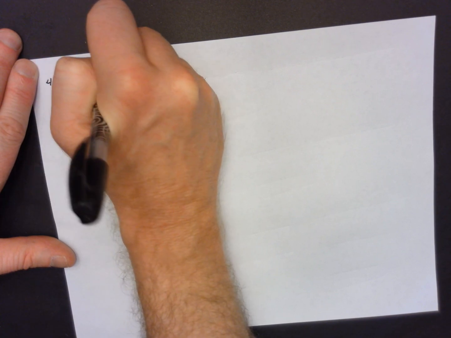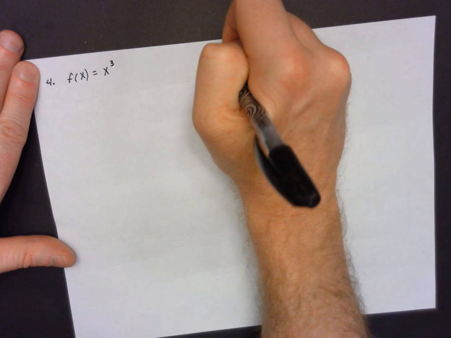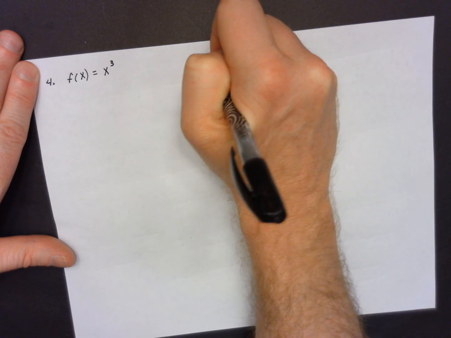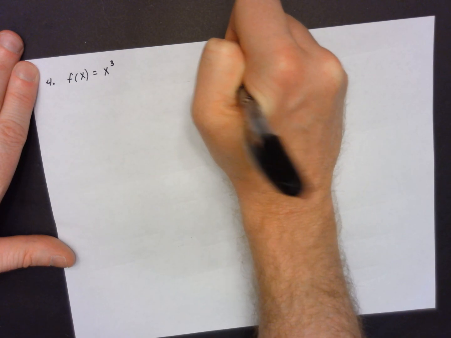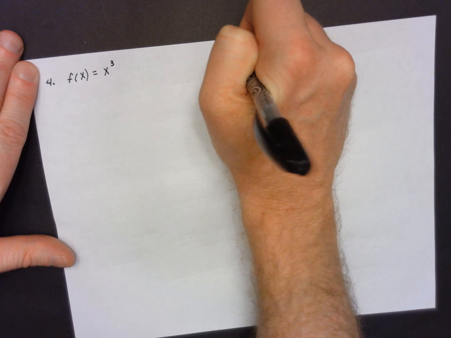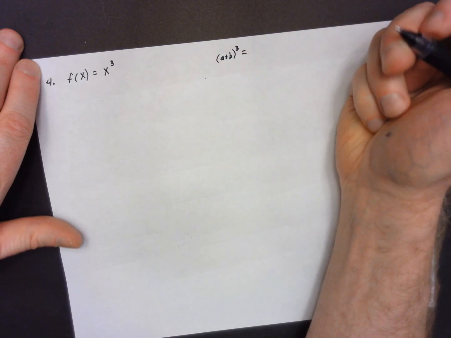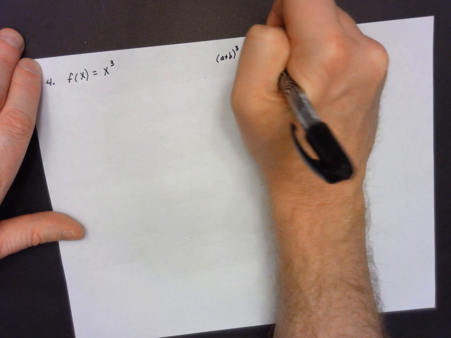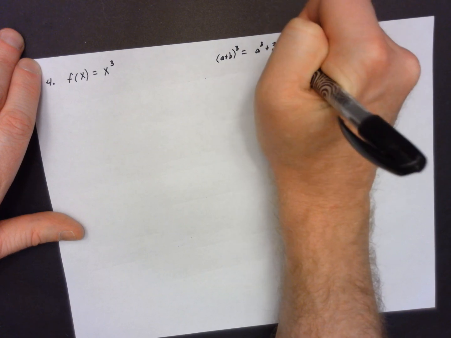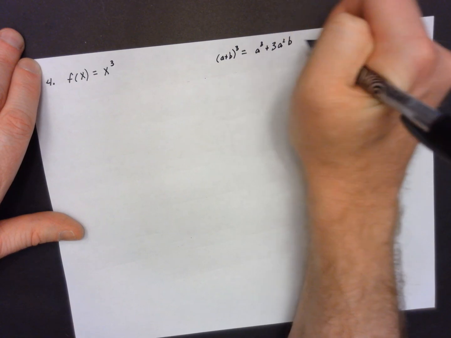What I'm going to need you to remember here is that if I have a plus b to the 3rd power, that is equal to a to the 3rd plus 3a squared b plus 3ab squared plus b cubed.